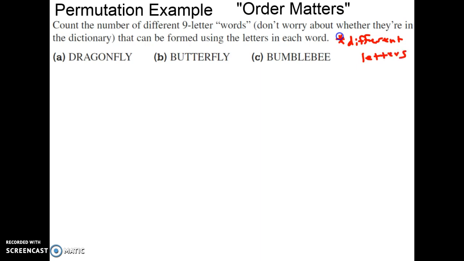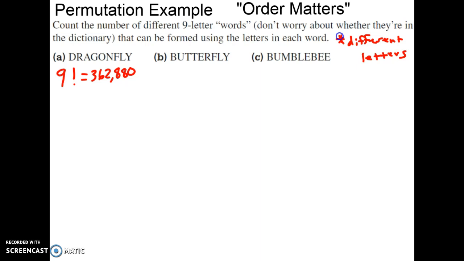So we have 1, 2, 3, 4, 5, 6, 7, 8, 9 letters. That would be 9 different things to choose from. So that's 9 factorial, and that would be 362,880, which seems like a lot for a 9-letter word.